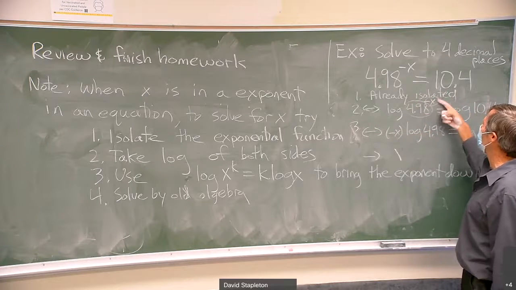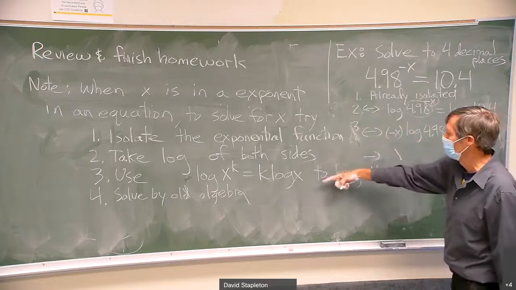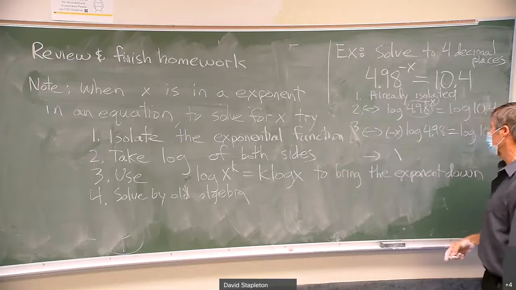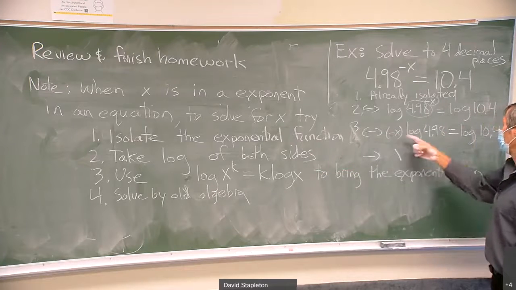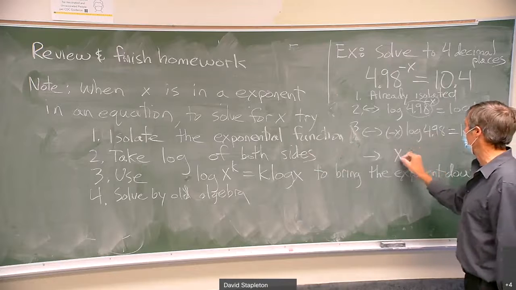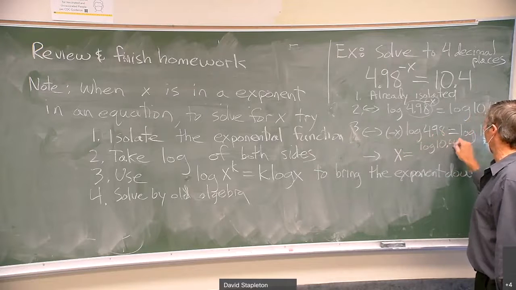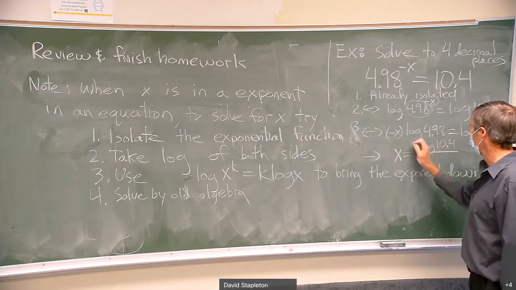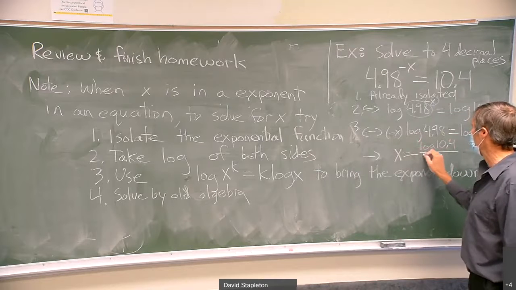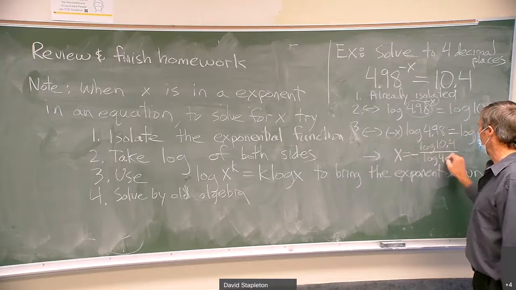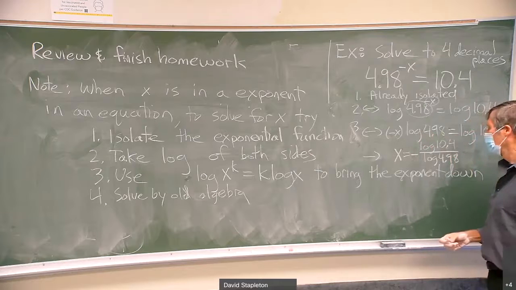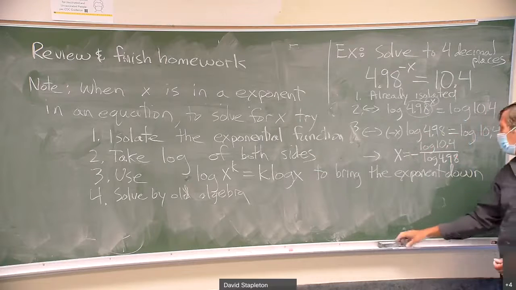So you bring the exponent down out front by property 3 here. And now you divide by minus the log of 4.98, and you get x equals the right side, log of 10.4, divided by minus the log of 4.98. There it is. There's the answer.